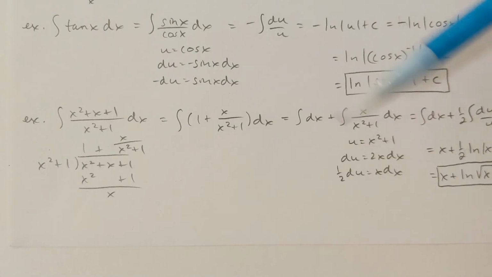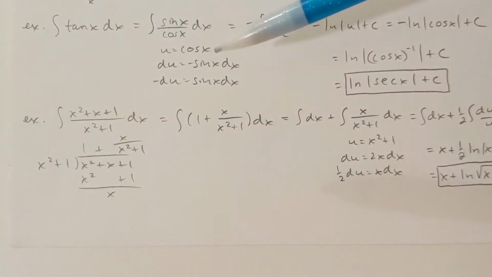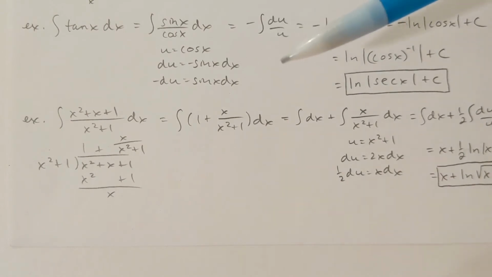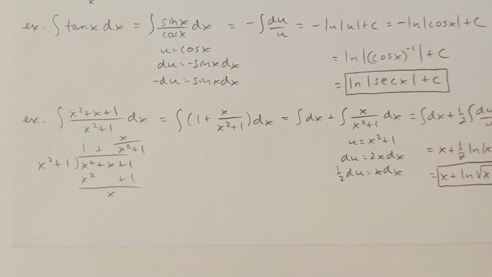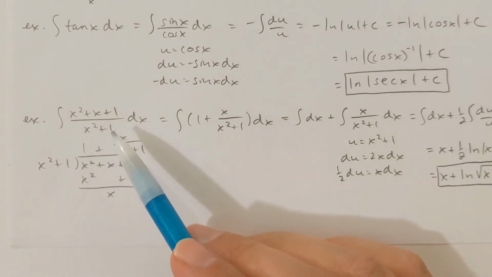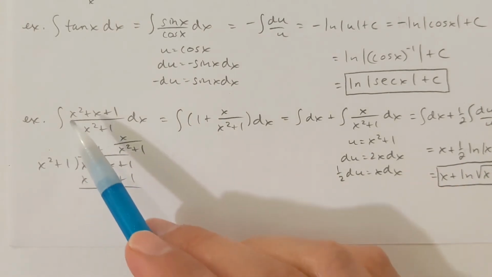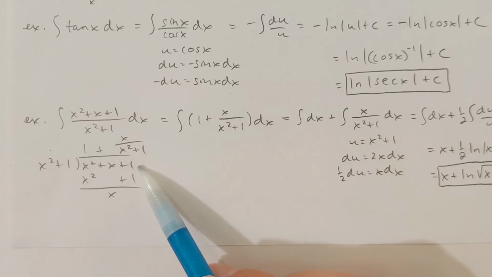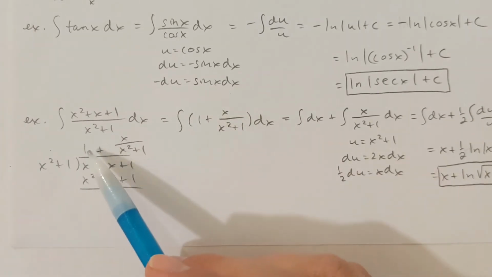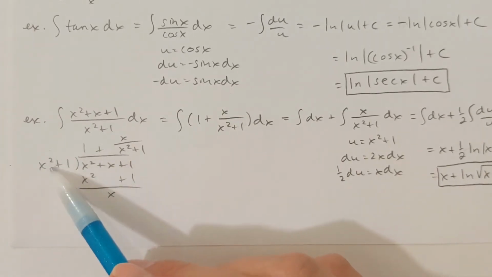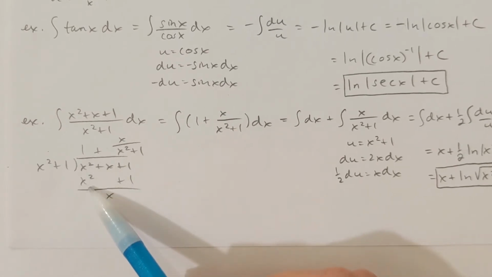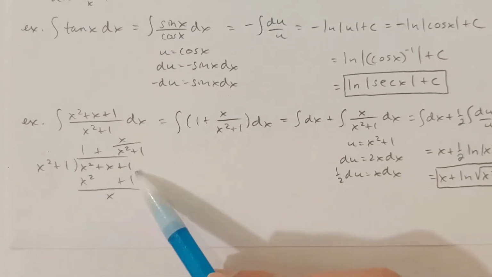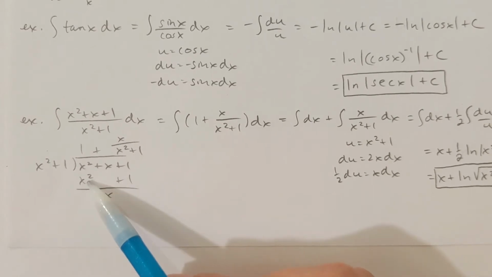Well, let's go ahead and divide this out. If we go back to algebra and long division for polynomials, I've got a side calculation where I've done that. X squared plus 1 is going to go outside the division bar. X squared plus x plus 1 will go underneath it, and I'll begin dividing. So I know that 1 times x squared plus 1 is x squared plus 1. I want those leading terms to match, because when I subtract these expressions, x squared minus x squared is 0.